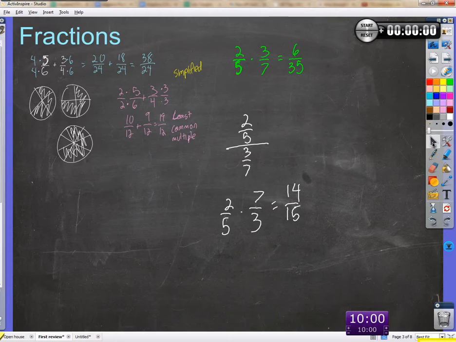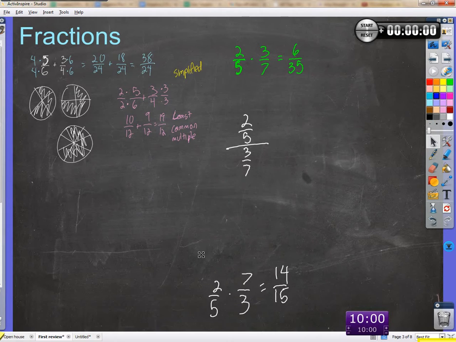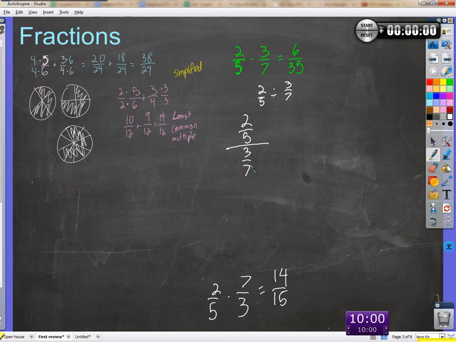But let's understand a little better why that's the right answer. I think this helps you to see it visually. If you have a problem that's 2/5 divided by 3/7, I would suggest you write it like this. Okay.